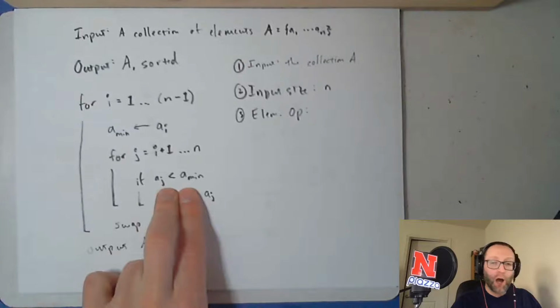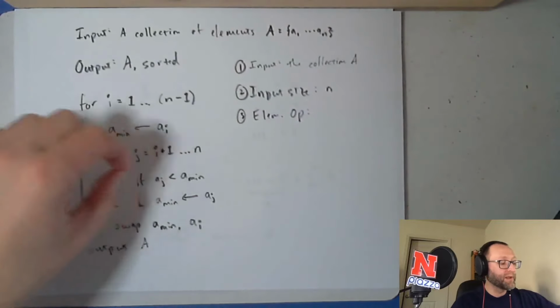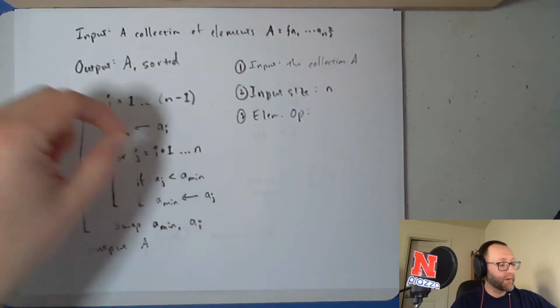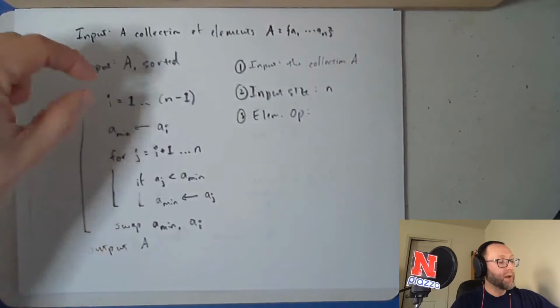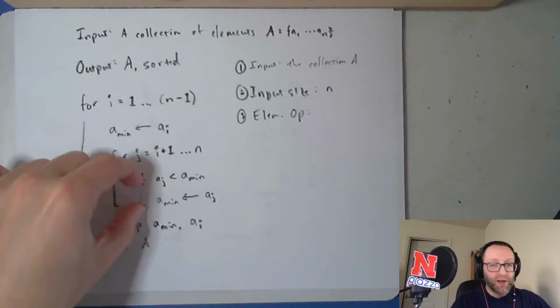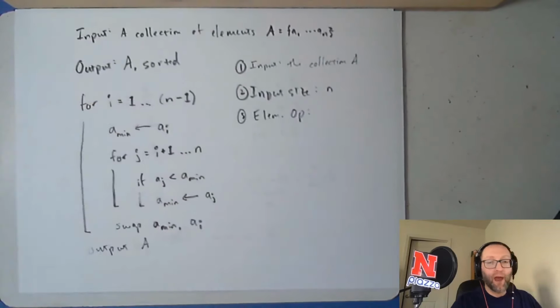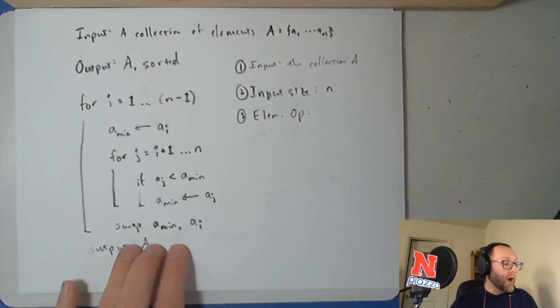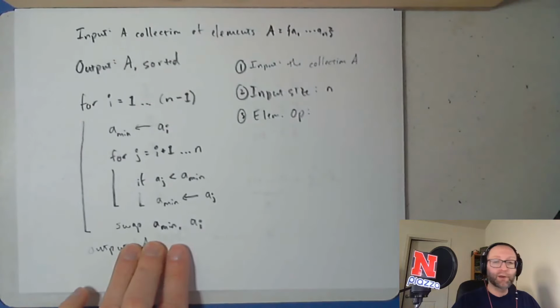This is the most common with respect to these two for loops because it's the innermost operation, right? This loop executes a number of times for every time that the outer loop executes, and the operation inside of that executes every time for that for loop, right? Another candidate down here is a swap.